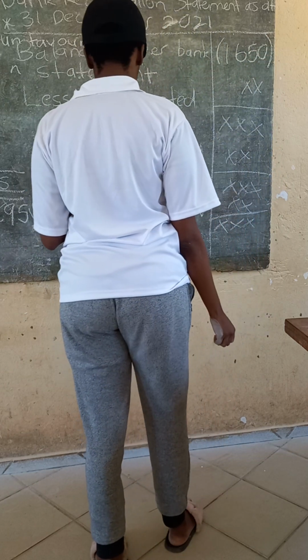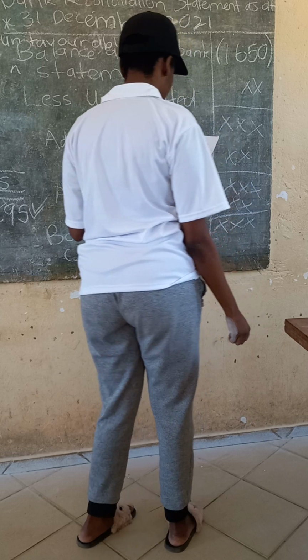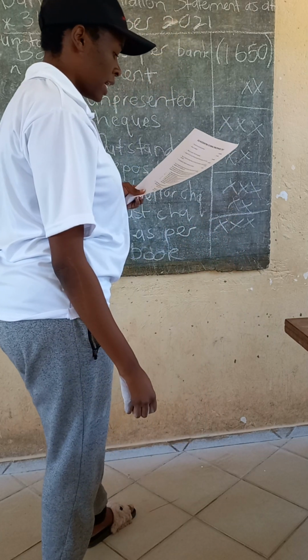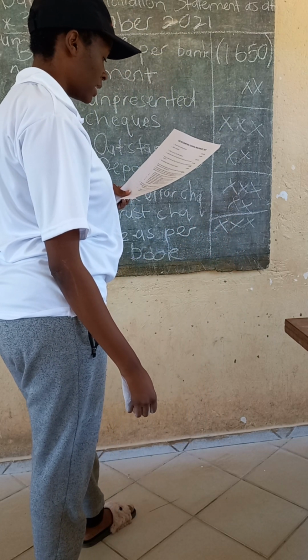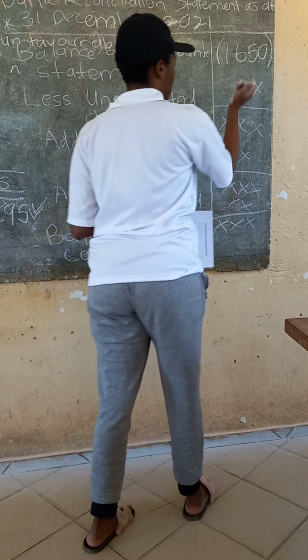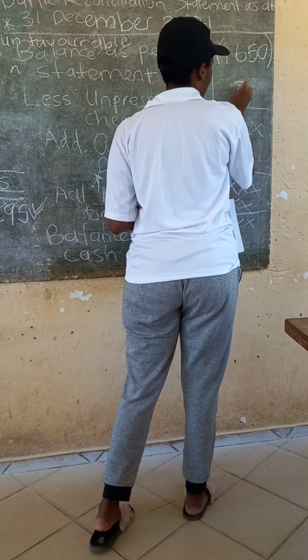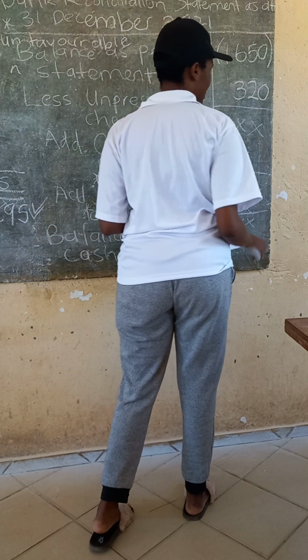1,650, and then item 1 says checks totaling 320 issued during the month of December have not yet been presented for payment. So these are unpresented checks, so we did that.